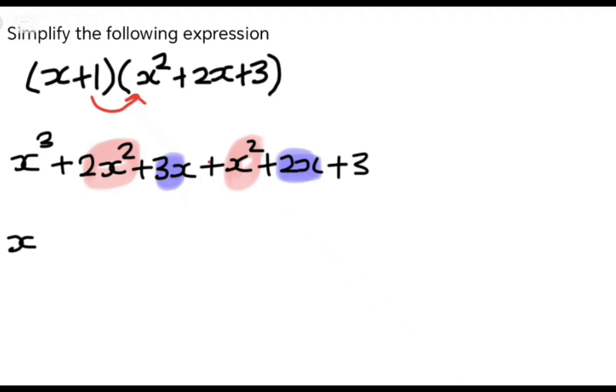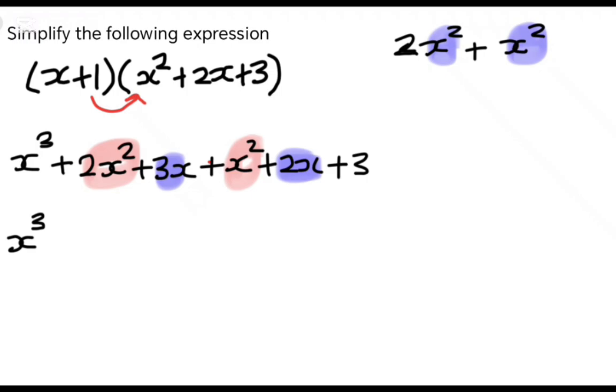This one is x cubed, and there's no like term for it, so we just keep it the same. Adding the like terms, we have 2x squared plus x squared. When we add like terms, we are not dealing with the x squared itself.